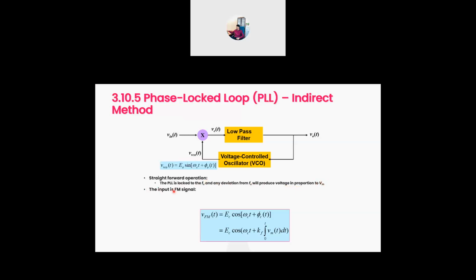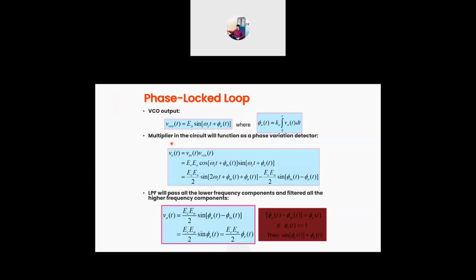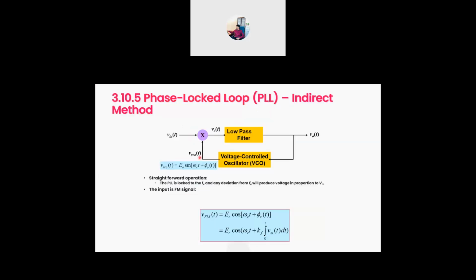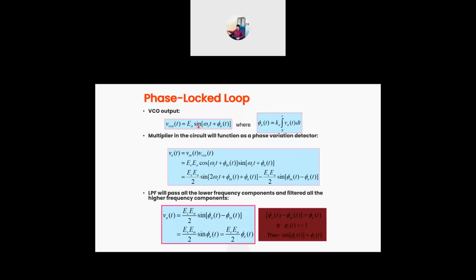The input is an FM signal, your input is EC cos omega CT plus phase T. Expanding this, as you already know, is KF integration from 0 to T of our modulating signal, which is the input. For the VCO output, VCO T, we have E naught sine omega CT plus phase T, where the phase naught is actually K naught integral 0 to T of V naught T dt.